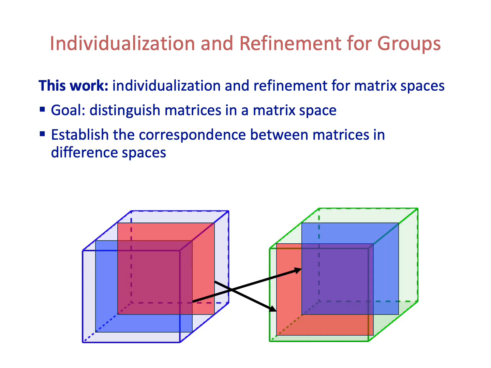In this work, we devise an individualization and refinement method for matrix spaces, and use the aforementioned Baer correspondence to speed up isomorphism for p-groups of class 2 and exponent p, based on this new approach. The goal of this new method is to distinguish matrices in a matrix space so that we can establish a correspondence between matrices from different matrix spaces.